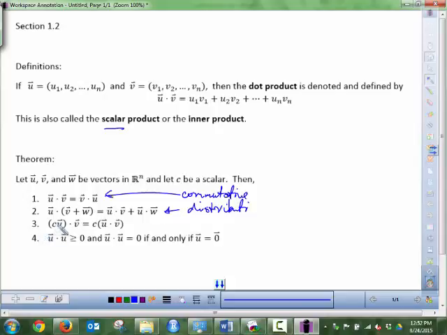What they're saying is that if you scale one of the vectors and then you dot it with another vector, it's the same thing as dotting the two vectors first and then scaling the result. And then here's another property where if you take the dot of itself, then it's going to be bigger than or equal to 0. And the only way that this is going to ever equal 0 is if they're both equal to 0.